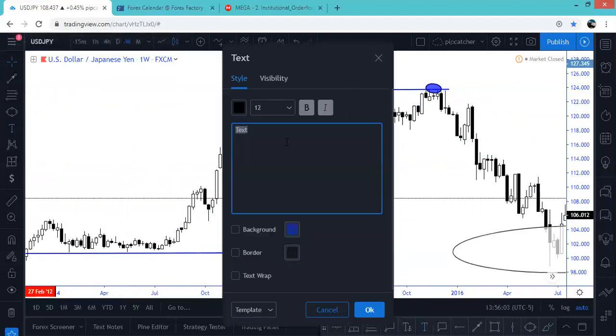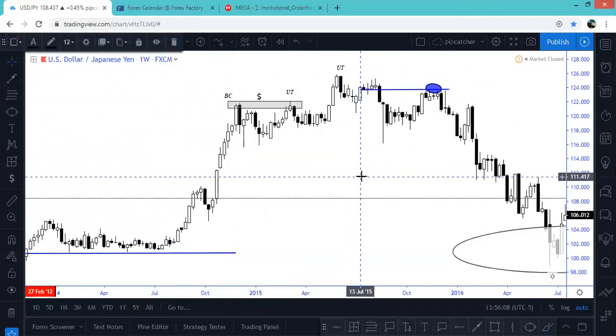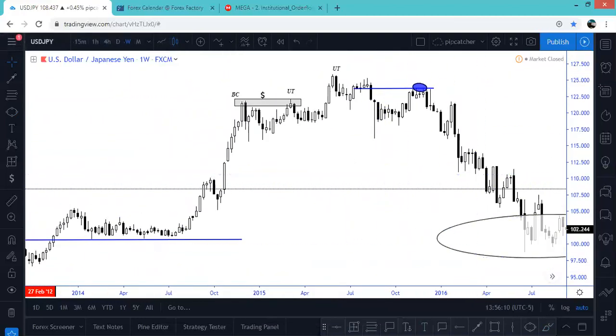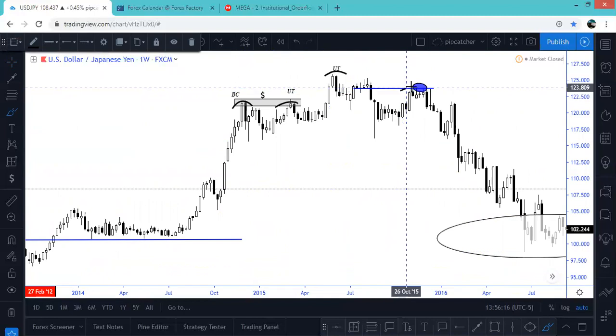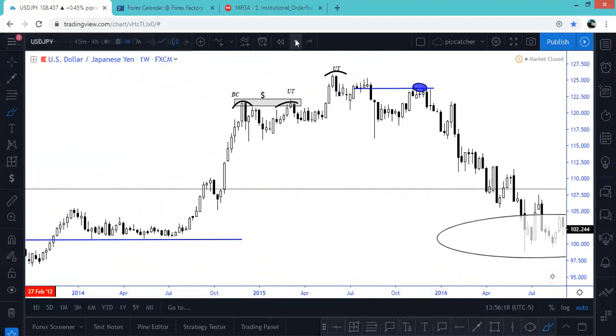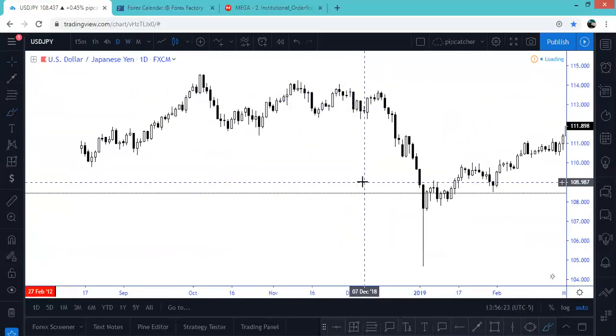And then this UTAD, a nice little distribution phase on the weekly time frame, right? So we have this. So let's go down to the daily.